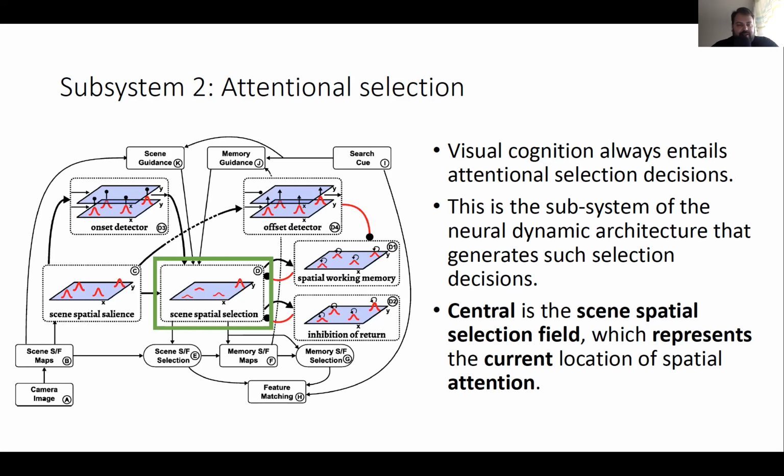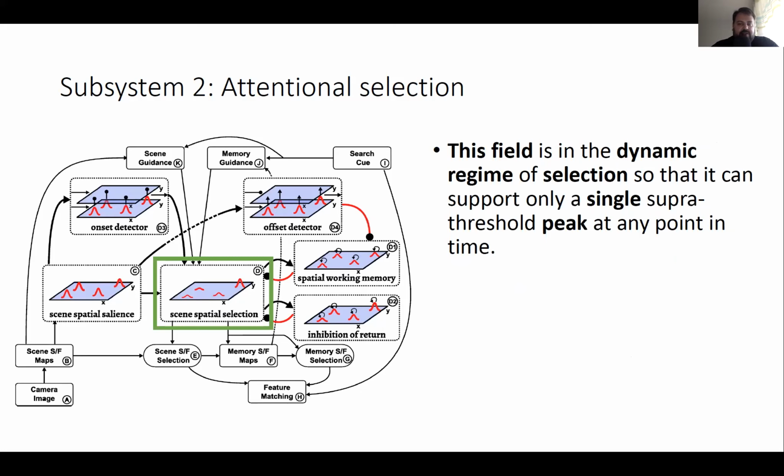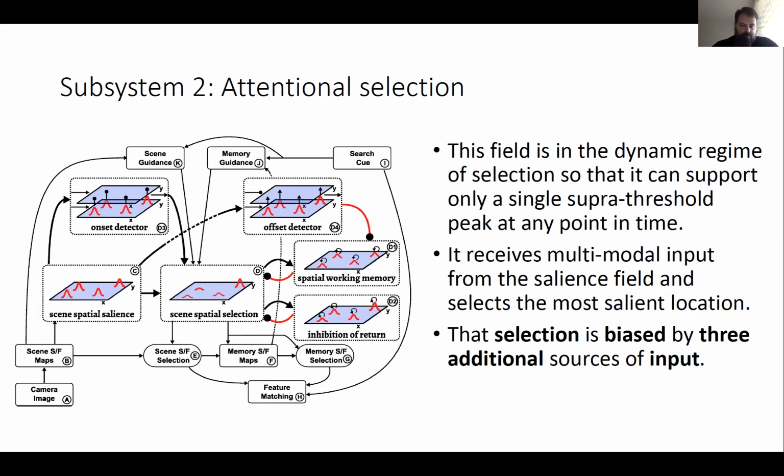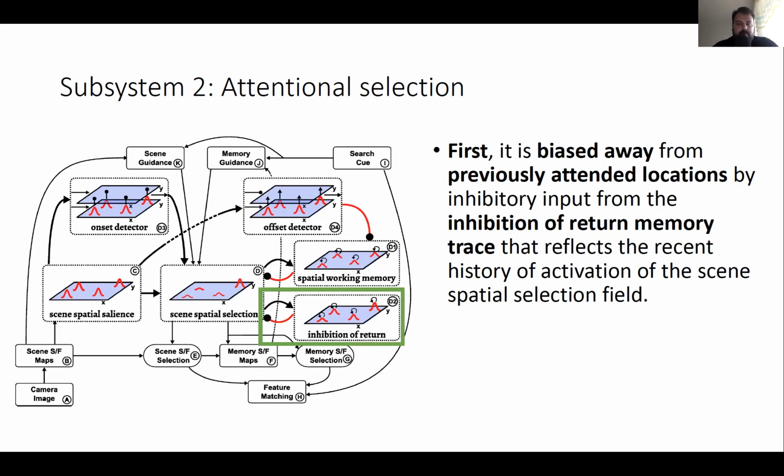This field is in the dynamic regime of selection, meaning that it can only support one single superthreshold peak at any point in time. It receives input from the salience field, from the feed-forward path, and it will select the most salient location in this input, but it also receives biased input from 3 additional sources.